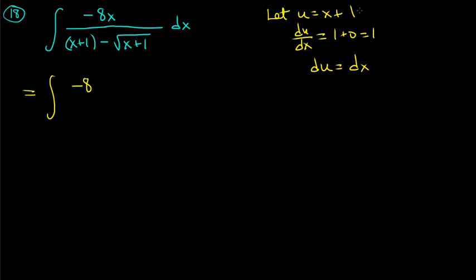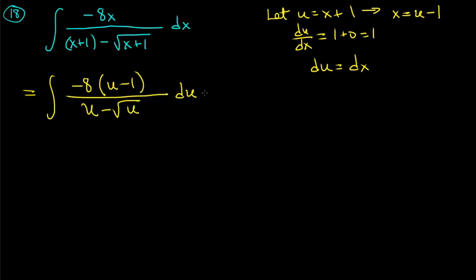What's x? If x plus 1 is u, subtracting 1 from both sides, x is really just u minus 1. So we have negative 8 times u minus 1 over u minus the square root of u, and then dx is the same as du. The negative 8 is just a constant, so we can bring that outside.